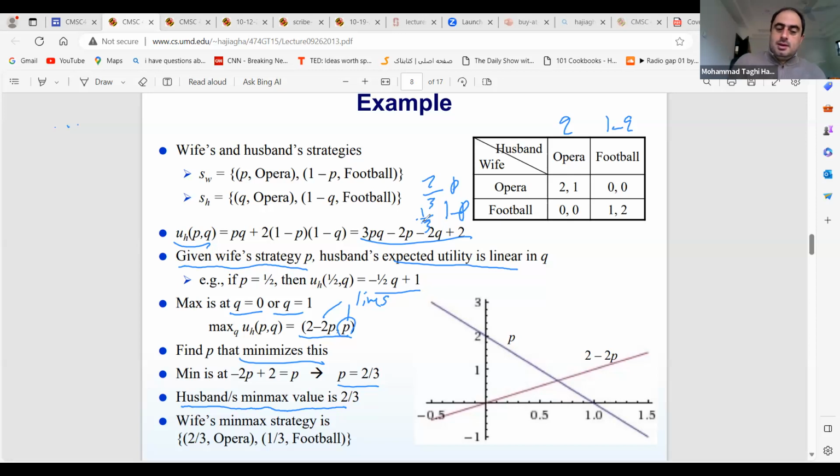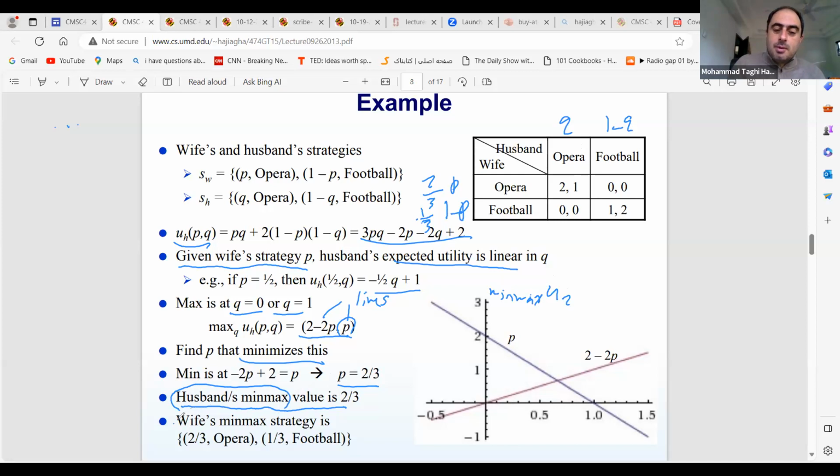This is important. Here we are talking about the husband's min-max value because it is U2 that was in the formula, if you remember. So we had the min-max U2. So that's what we need for the husband's min-max value.